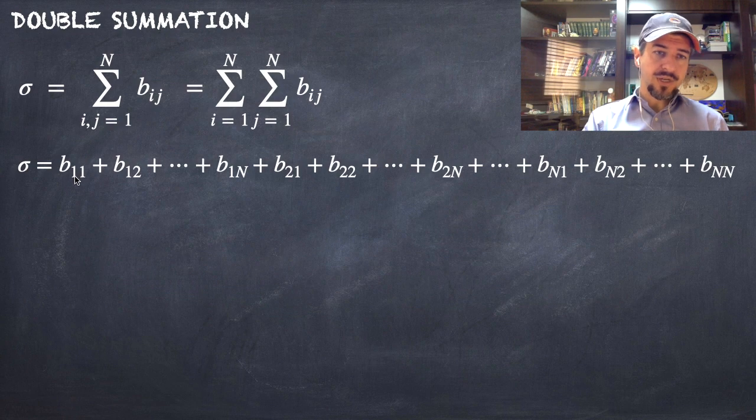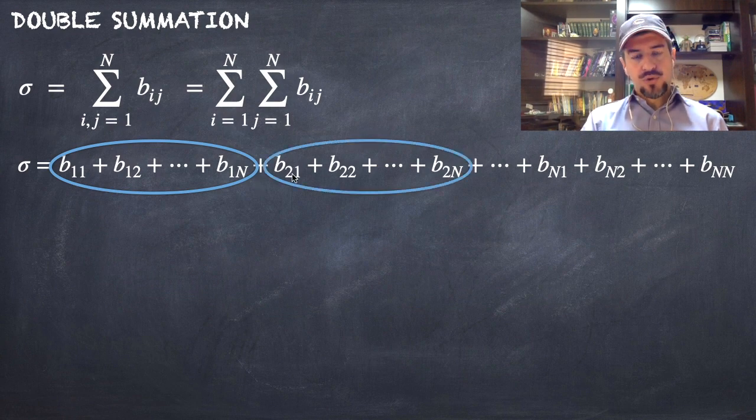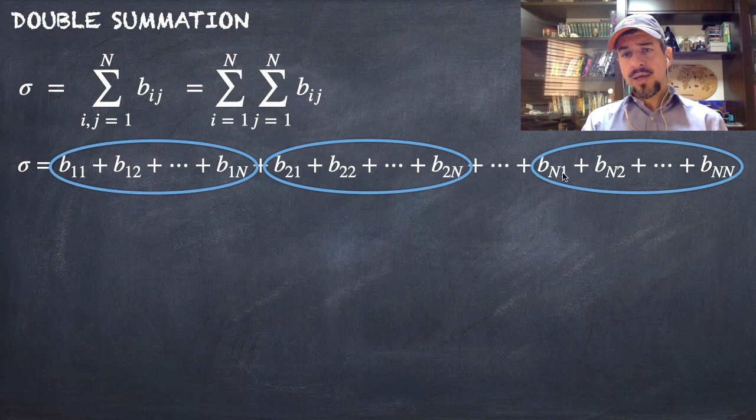The first index of this b term is 1, and the second index is going from 1, 2 up to n. So you have all these terms here. For i equal 2, you will also have j from 1, 2 up to n, and so on. The same thing for i equal to n, and then j will be 1, 2, up to n.